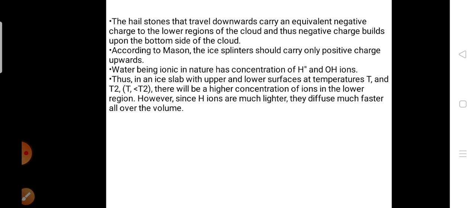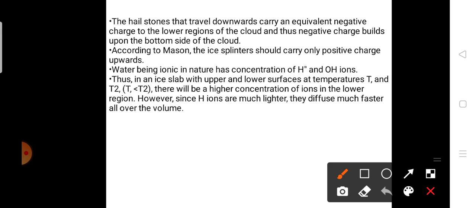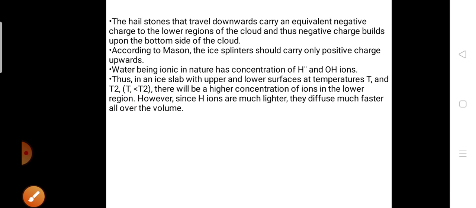Thus, consider an ice slab with upper and lower surfaces at temperatures T1 and T2, where T1 is less than T2. There will be a higher concentration of ions in the lower region.